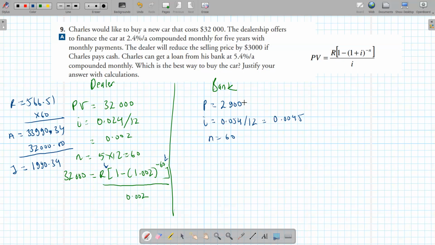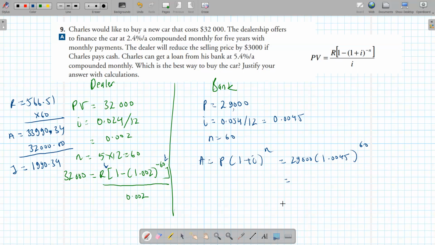Cool. So how much did he end up paying for the car using the bank method? So we're going to use the compound interest formula. So 29,000 times 1 plus I, so 1.0045, to the power of 60. Yeah?